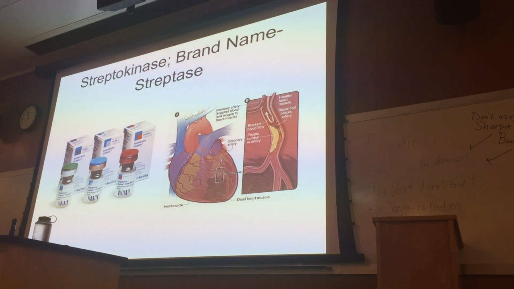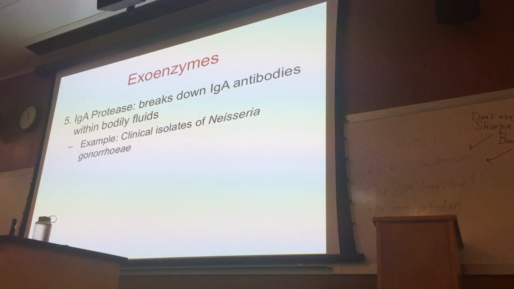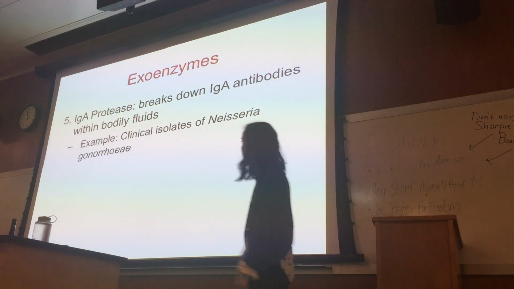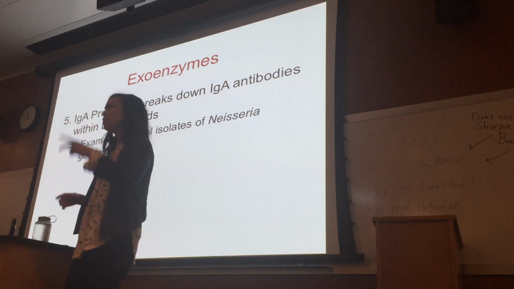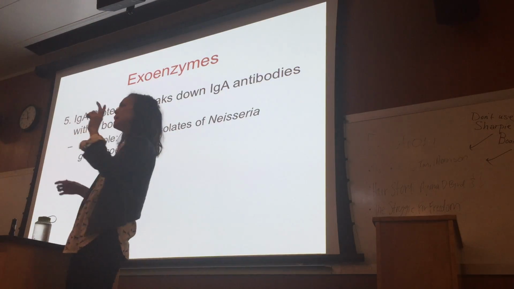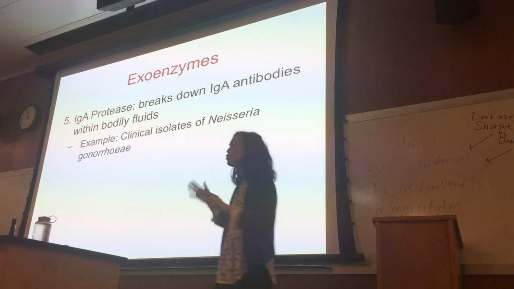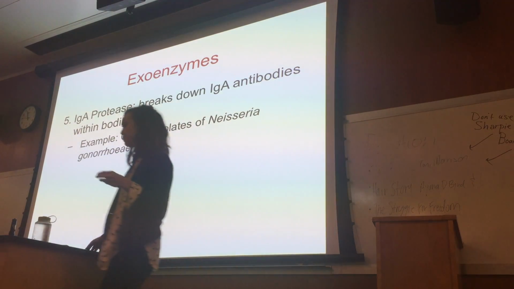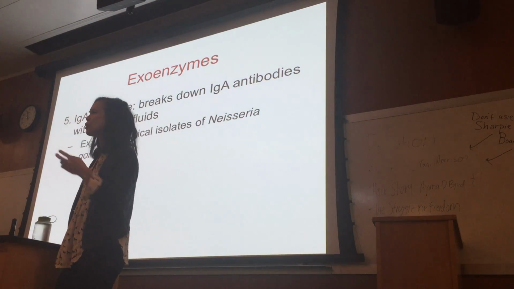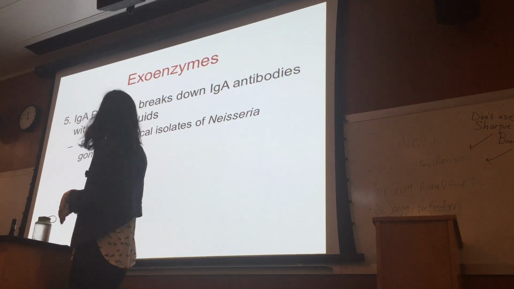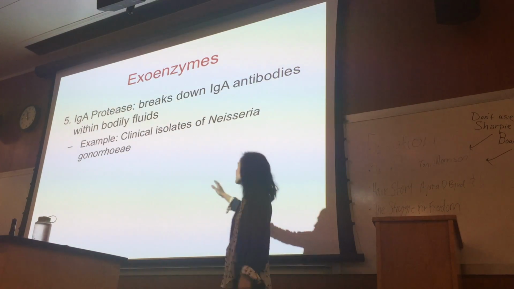I only have one more extracellular enzyme, and that's the IgA protease. That's the last one. We've mentioned two that are related to blood clots, and two that are more related to breaking down either proteins or sugars in our connective tissues. IgA protease is a little bit different.